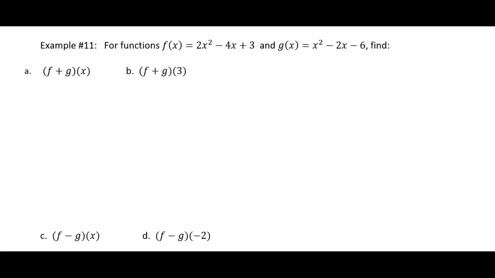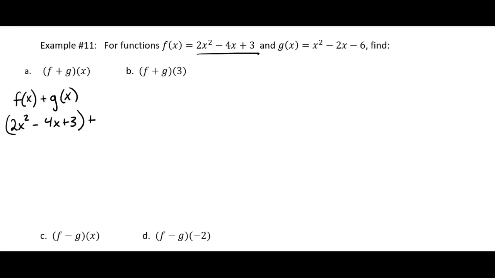Okay. So now we're going to add f of x plus g of x. So we're going to take f of x and we're going to add g of x. But they tell us what f of x is. It's 2x squared minus 4x plus 3.